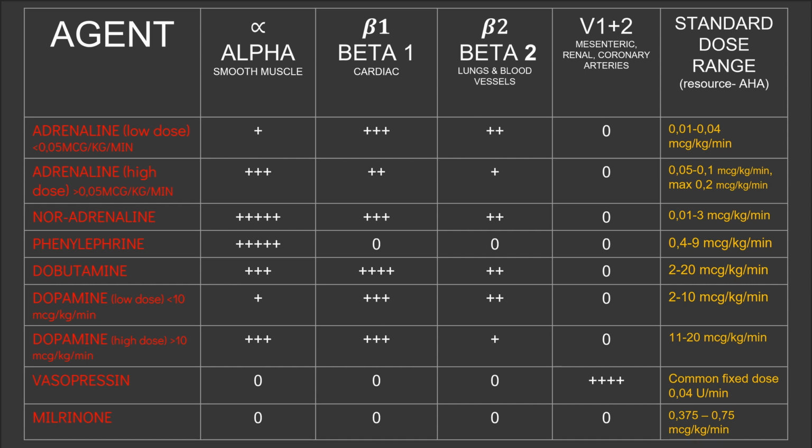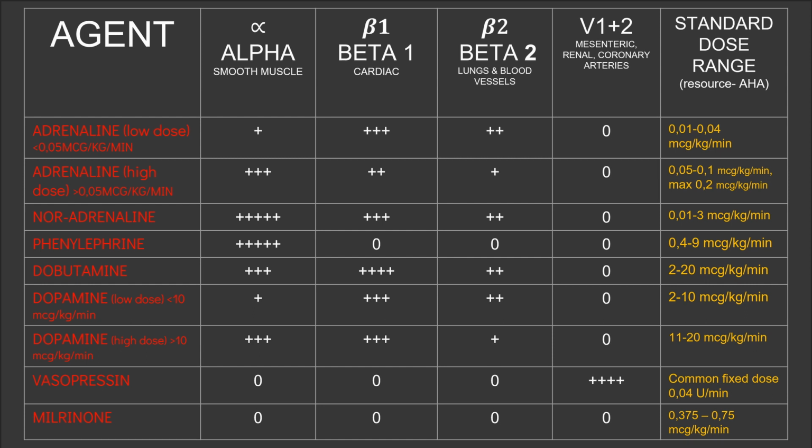So they use this a lot in heart failure because it does help beta 1 and 2. So it will vasodilate your lungs, you'll have decreased pulmonary vascular resistance, and it also assists with contractility as well as chronotropy. It's got a wide range here, 2 to 20 mics per kilo per minute.